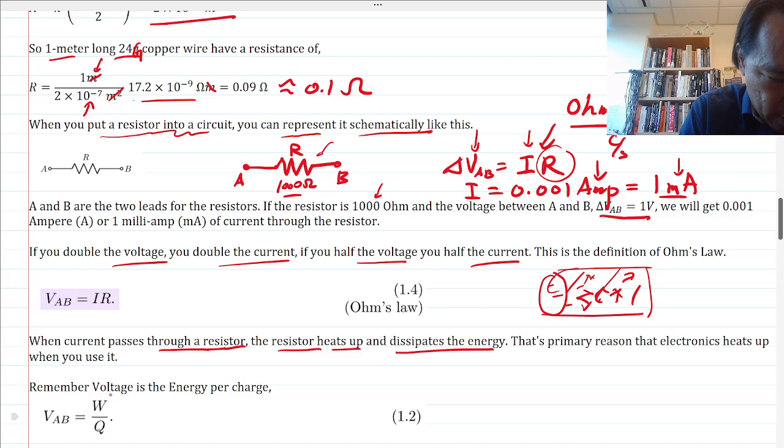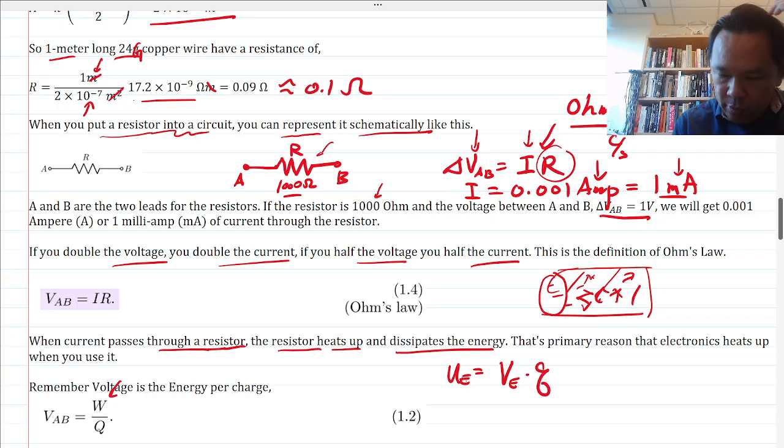Previously I defined the potential energy as the electric potential times the charge. He's using big Q, but that's fine, I'll use big Q also. Basically, as the electron travels through here, it's dissipating energy into it.